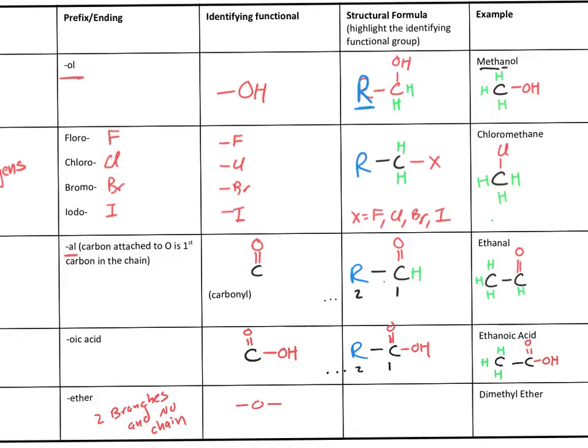Okay? And so the generic format for that would be something like R bonded to an oxygen with R prime, where R prime is the second branch. So I have branch number 1 and branch number 2.